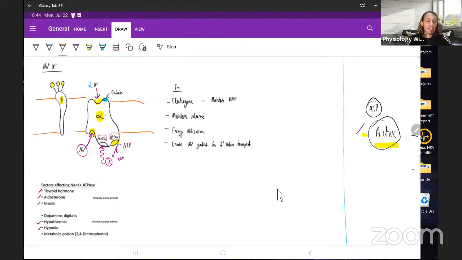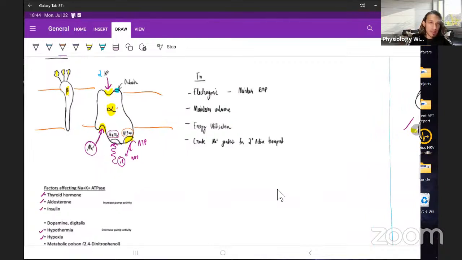Because of ATPase activity, ATP splits to give inorganic phosphate. That inorganic phosphate is now going to attach itself to a particular area, where aspartate 376 of the amino acid chain of this alpha subunit is. So once it attaches itself to it, it will result in configurational changes to your alpha subunit.